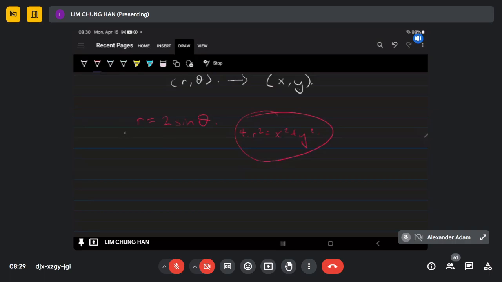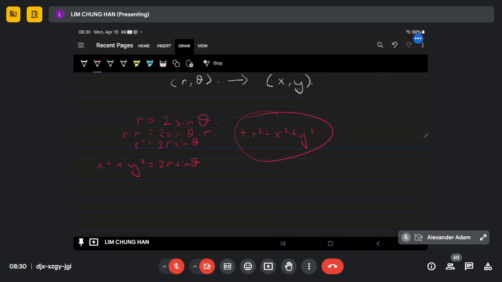So we multiply by another r on the left hand side, which means we multiply by r on the right hand side too. That gives r squared equals 2r sine theta. Now r squared is x squared plus y squared, so we substitute equation 4 in: x squared plus y squared equals 2r sine theta.